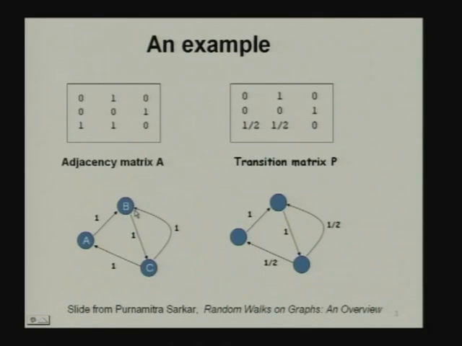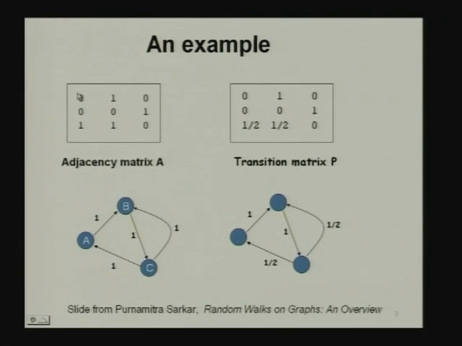What it means is, if during the random walk you end up at node A, you have no option but to go to B, because there is only one edge from A, which links it to B. So naturally, with probability 1 you end up in B. Similarly, C is the only node you can come from B, but from C you can go to 2 different nodes. You could go to A or B. So, this is the graph.